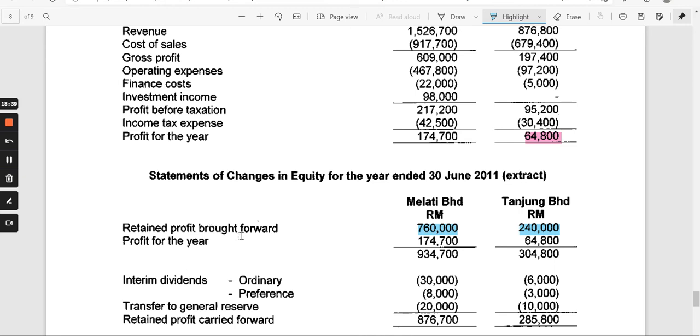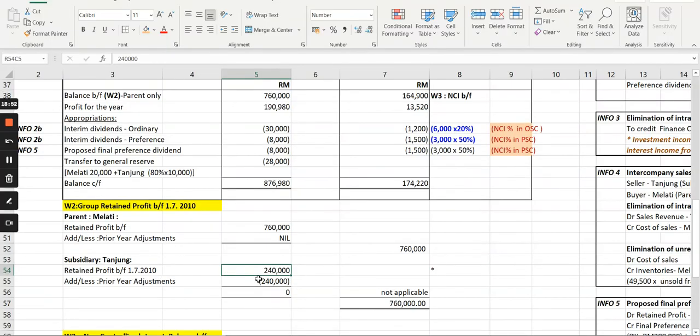And this is also the one available as the retained profit brought forward. So they are both pre-acquisition profit as well as the profit that is available on 1st of July 2010. So therefore, the retained profit brought forward was 240,000, and all of them is going to be the pre-acquisition profit.